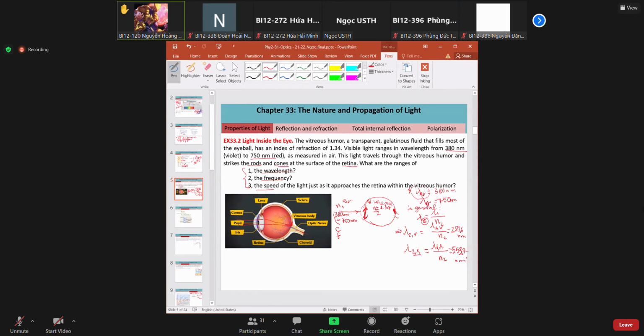Nanometer. Yes. But they ask you about the range, so you have to state the conclusion: the range of the wavelength is from this to this. Good. Now we move to part B, the second part.